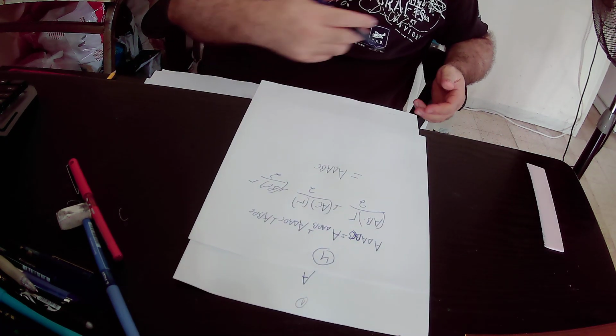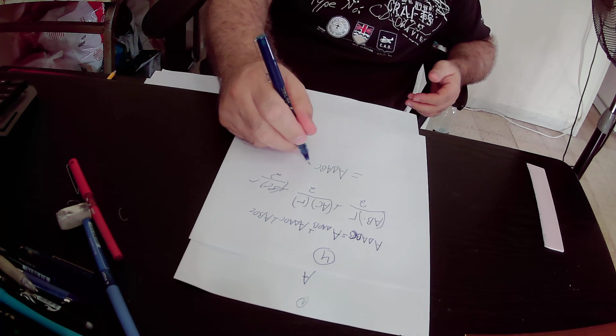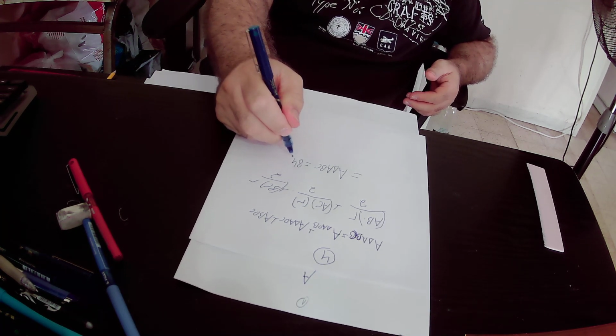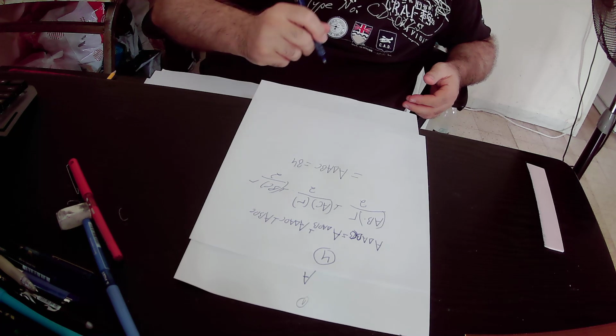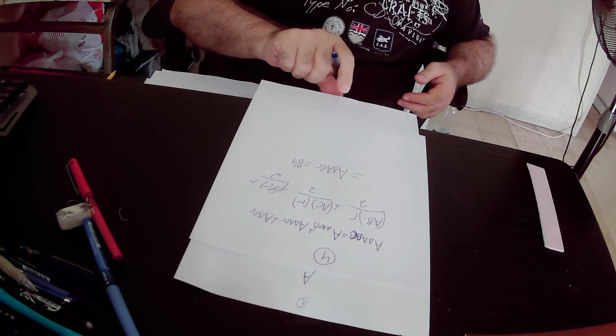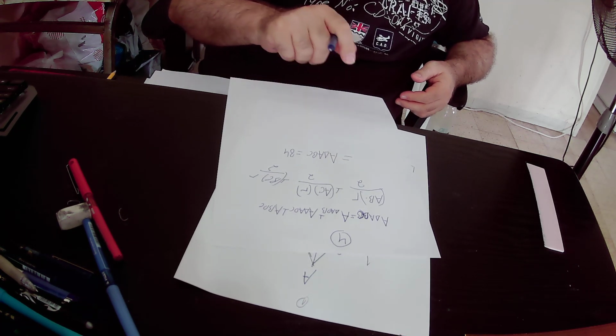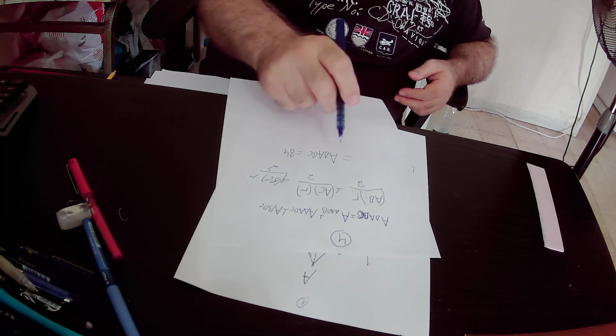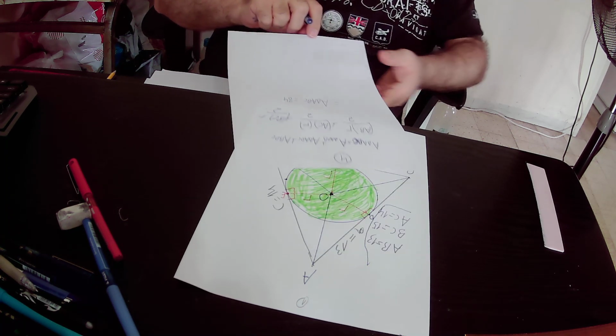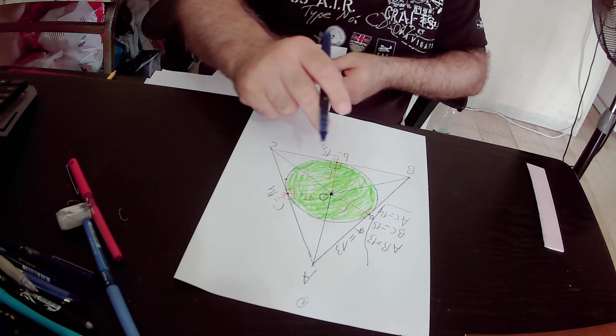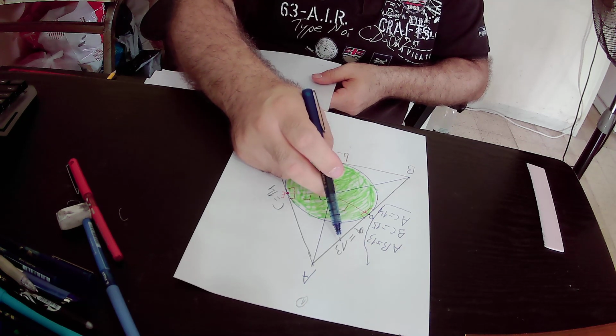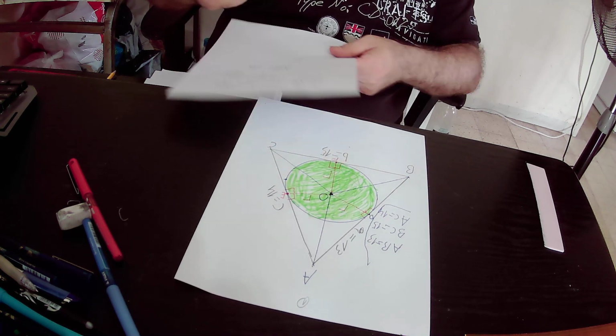But we know that the area of triangle ABC equals 84 square units. Okay? So we'll calculate the areas of the small triangles. AB is actually A, that equals 13 units.